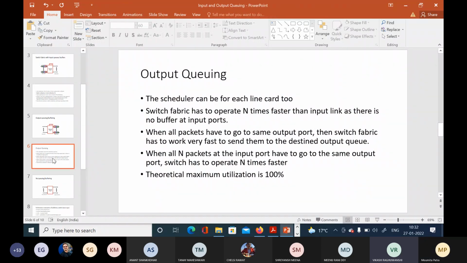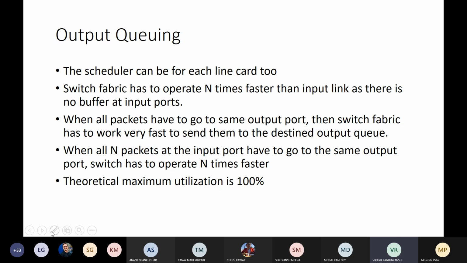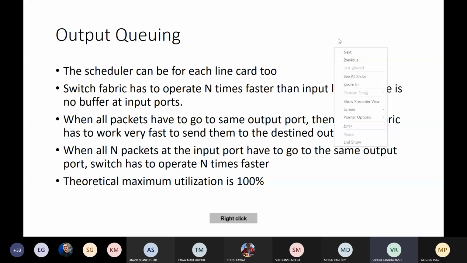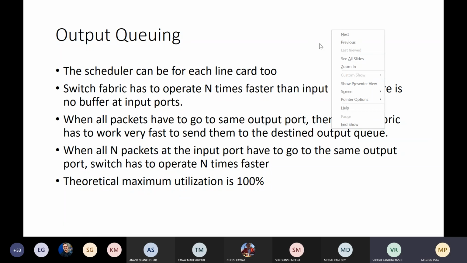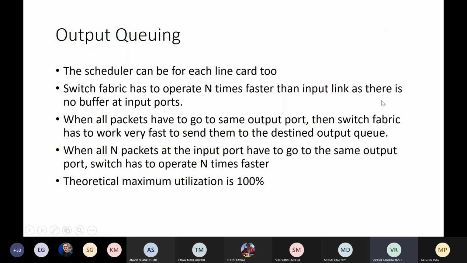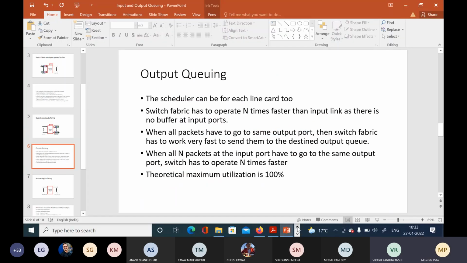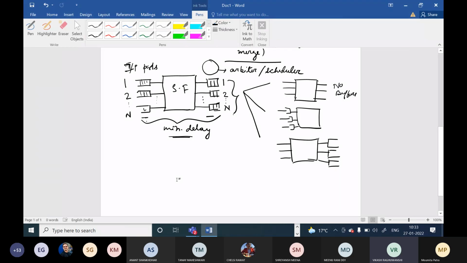Where was I? I don't know why. Just a second. Let me do it in the Word file then.